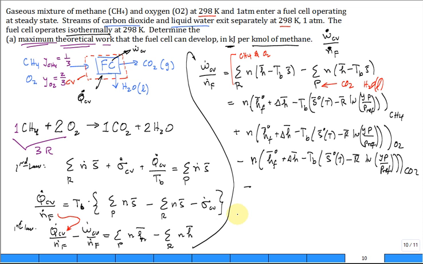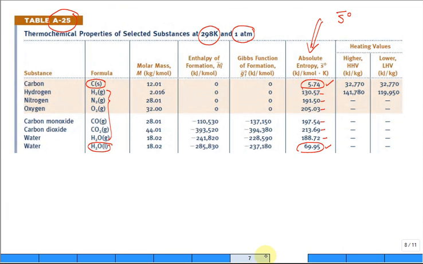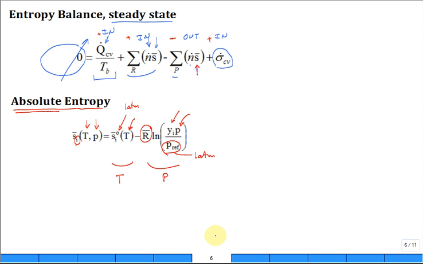Now, that H2O liquid is coming out. Let me jump back to our equation for the absolute entropy. If we take a look at the absolute entropy, this was for an ideal gas. What happens if it's incompressible? Well, the molar entropy is a function of temperature and pressure for that component, but it becomes a function of temperature only.